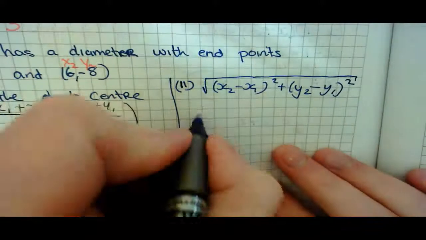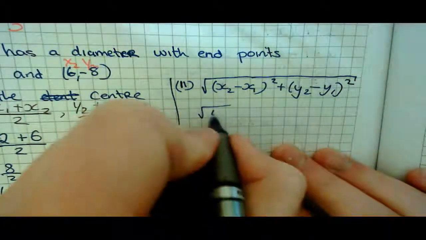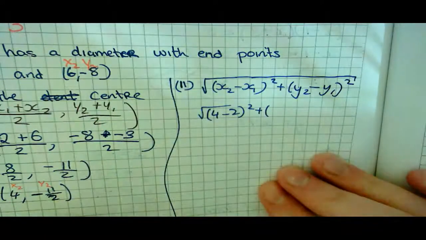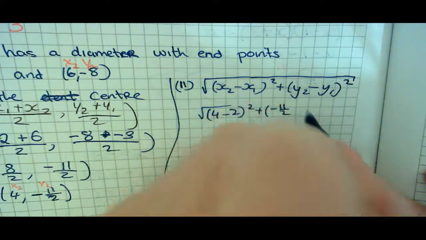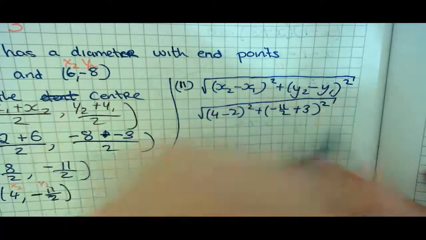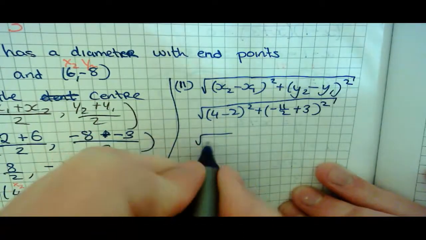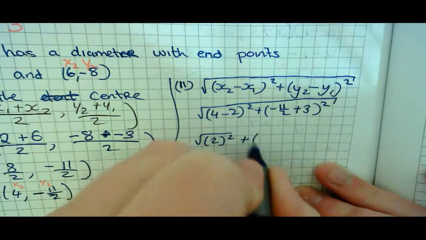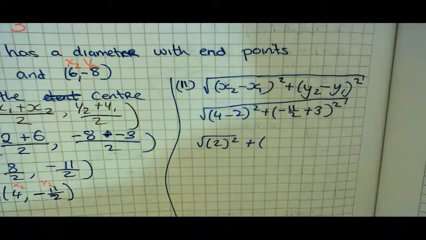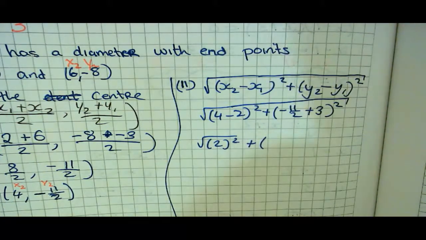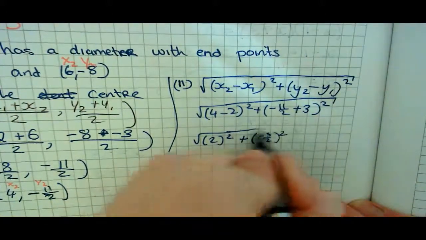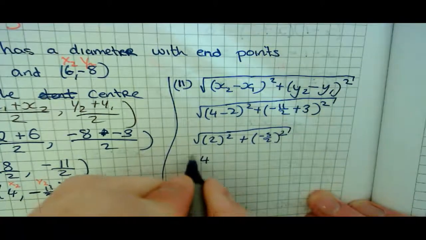So subbing in then, square root of x2, what did I label x2? It's 4, minus x1, what did I label x1? 2, all to be squared, plus y2, what did I label y2? It's minus 11 over 2, minus y1, what I labelled y1 is minus 3, so it's plus. Okay, so that's equal to 4 take away 2 is 2 to be squared, plus 3 take away 11 over 2 is minus 5 over 2 to be squared. 2 squared is 4.